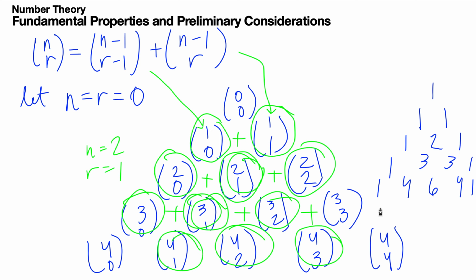Then we continue, we have 1. 1 plus 4 is 5. 4 plus 6 is 10. 6 plus 4 is 10. 4 plus 1 is 5, and so on. We can continue this finitely, ideally, but we can do this all day. So this becomes 21 and so on.